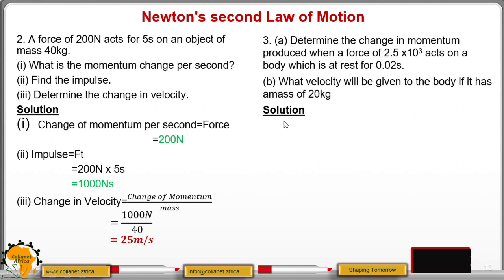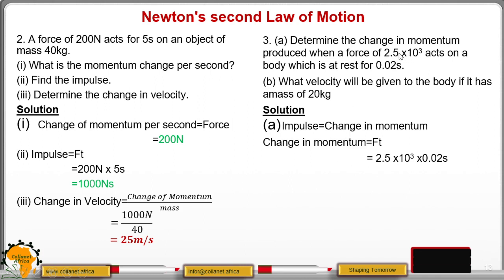We proceed as follows. The impulse is defined as the change in momentum, but the change in momentum therefore is Ft. Your F is given by 2.5 times 10 to the power 3, and the time is 0.02 seconds. By multiplying, you get that the change in momentum is 50 Newton second. Then part B. We substitute in our equation here, Ft is equal to mv minus mu.